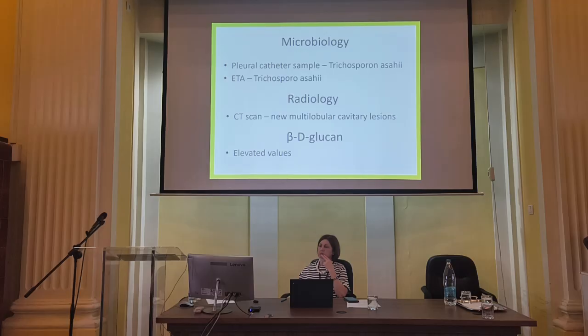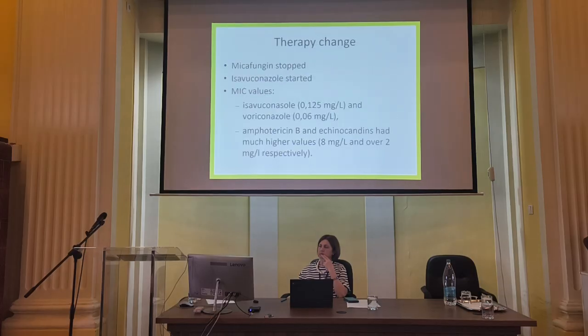In addition, serum beta-glucan levels were elevated, further supporting the presence of an invasive fungal infection. Following the microbiological findings and susceptibility testing, antifungal therapy was modified. Micafungin was discontinued and treatment with isavuconazole was initiated.